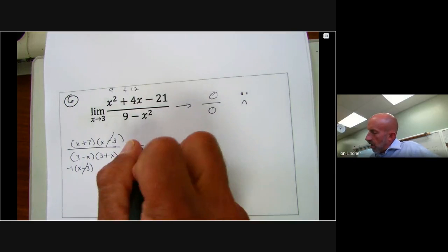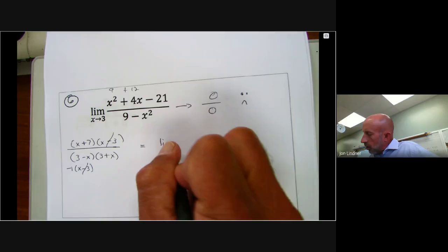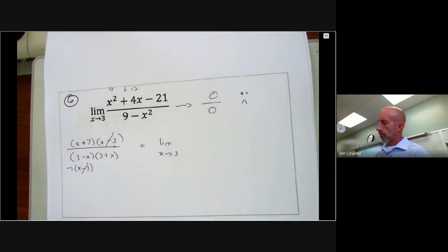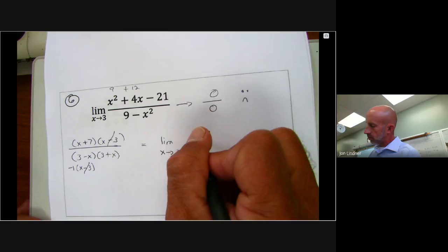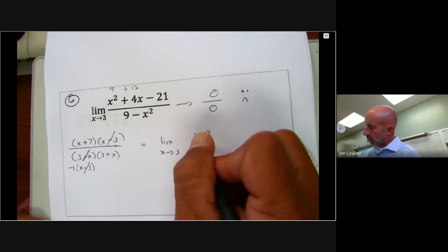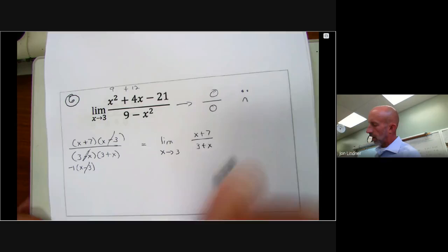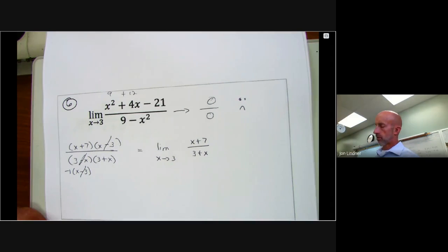And now I have the limit as x approaches 3 of x plus 7 over, this thing went away, 3 plus x. And now we can try substitution.